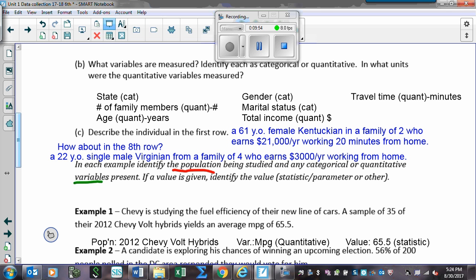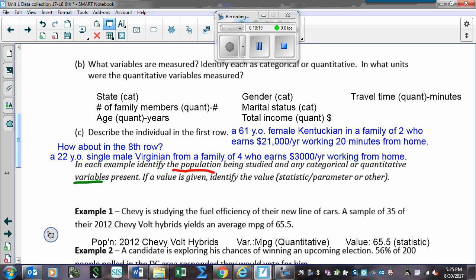It's not that there's 2012 of them. And it has an average miles per gallon of 65.5. So your population is all the Chevy Volt hybrids ever made. Your variable is miles per gallon, which is quantitative. You need to use a number to describe that. And the value of that is 65.5 miles per gallon, which is a statistic.